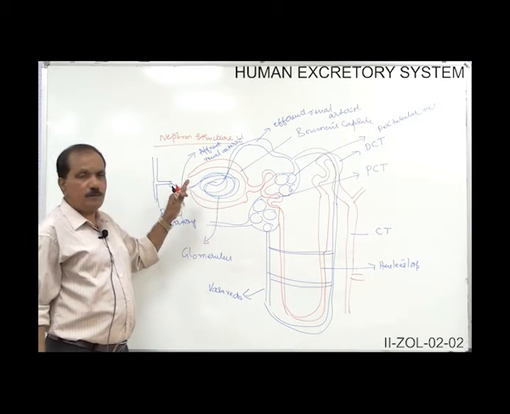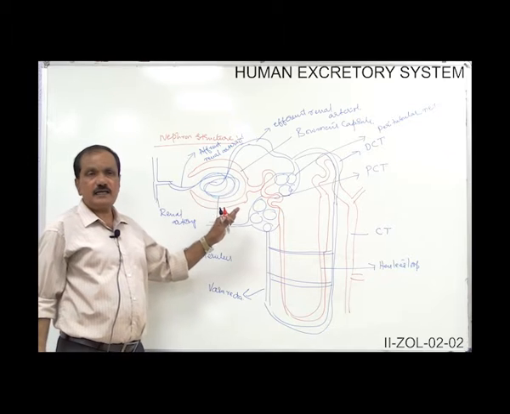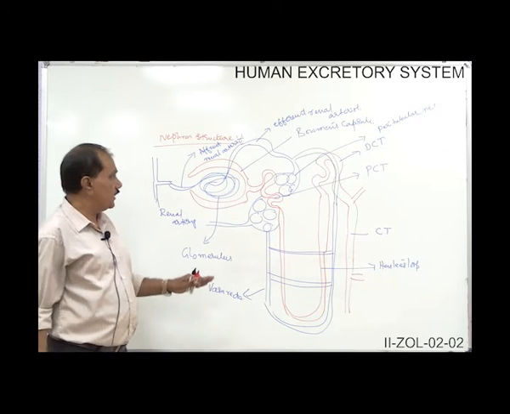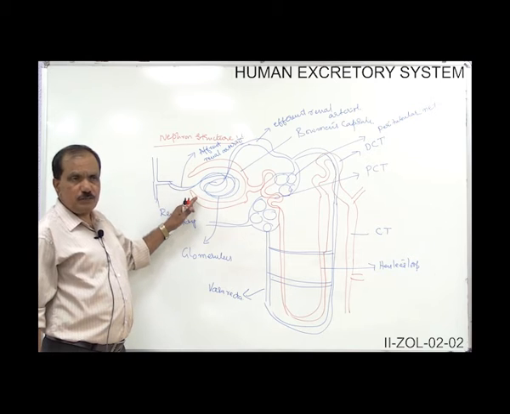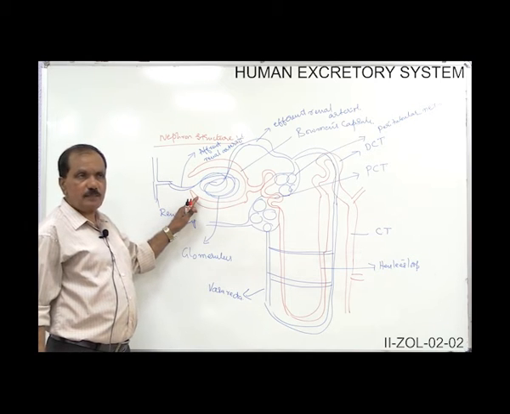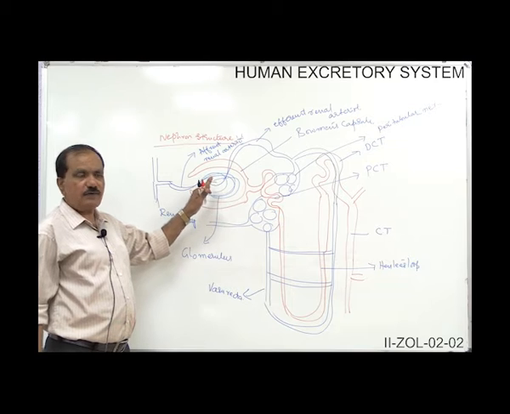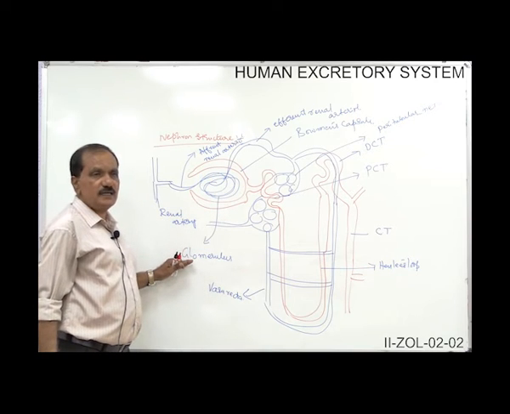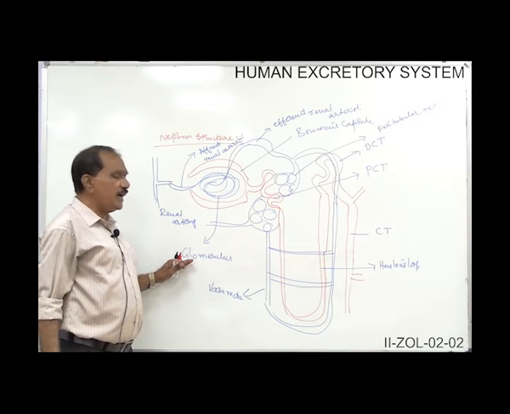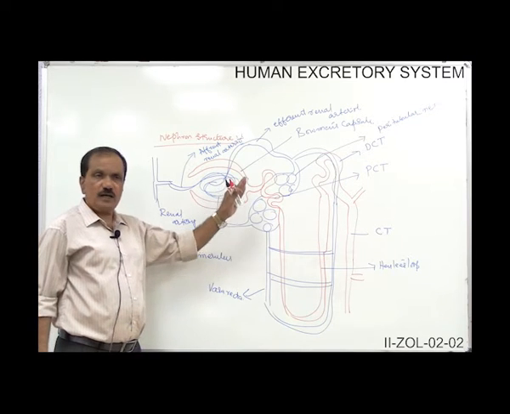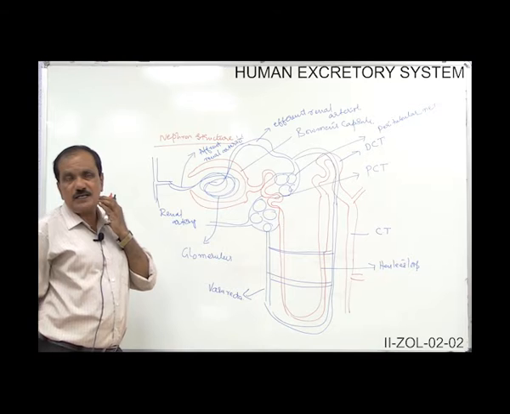One is called the Malpighian tubule, and the second is called the renal tubule. The Malpighian tubule is made up of the cup-shaped Bowman capsule and the network of blood vessels called the glomerulus. Glomerulus and the Bowman capsule together are called the Malpighian tubule, and the remaining tubular structure is called the renal tubule.